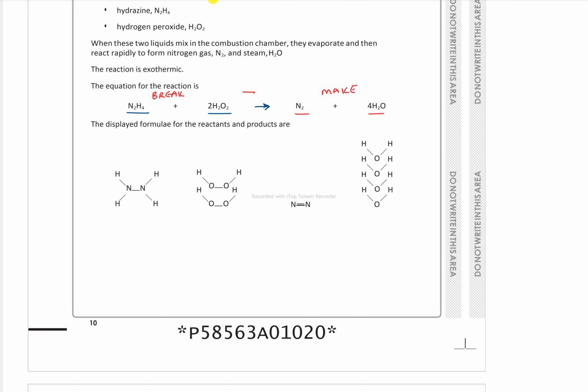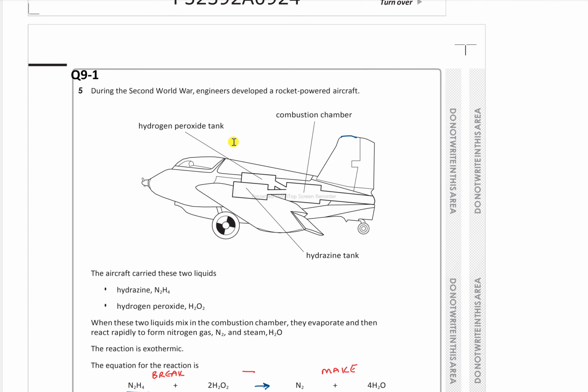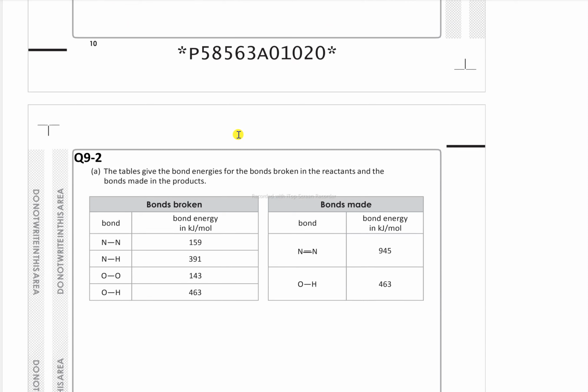Right, so they've been very kind and they've drawn this for us. Look, they've got 1 nitrogen hydrogen, 2 nitrogen hydrogen, 3 nitrogen hydrogen, 4 nitrogen hydrogen. So we have got 4 times nitrogen hydrogen bond. Where's the nitrogen hydrogen bond?